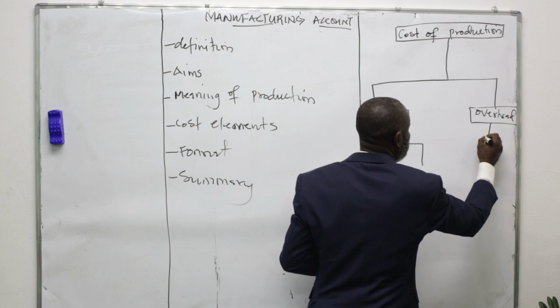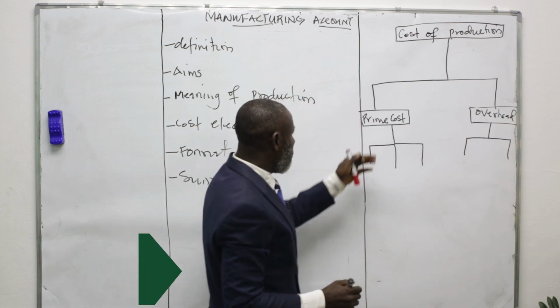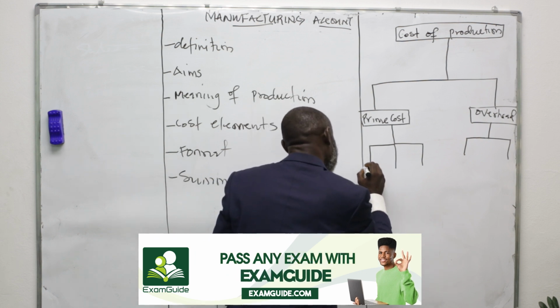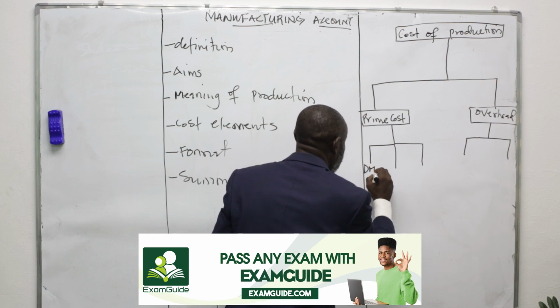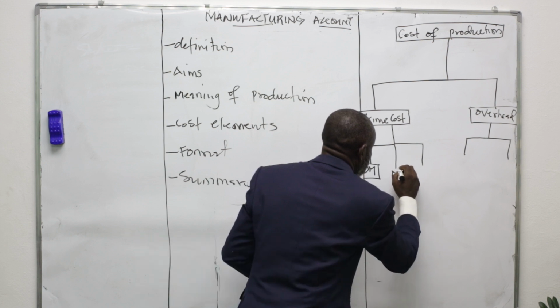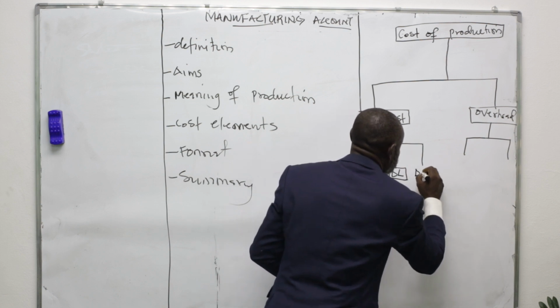And the overhead is divided into 2. For prime cost, you have what you call the direct material, which I like to abbreviate as DM. And you have the direct labor, which I like to abbreviate as the DL. And you have the direct expenses, which is DE.